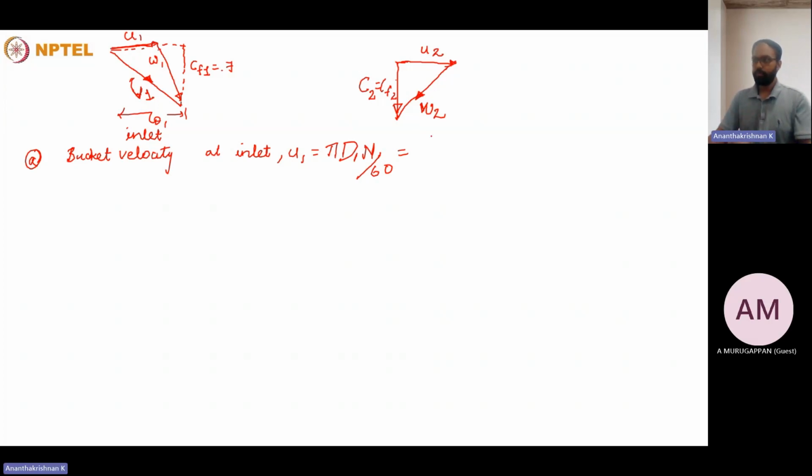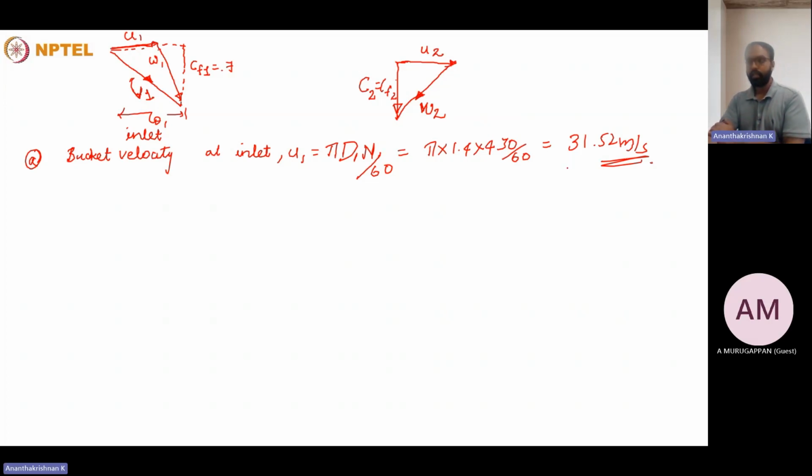In this particular problem, the diameter at the inlet is given as 1.4 meters, and the RPM is given as 430. So it will be pi into 1.4 into 430 divided by 60, which gets around 31.52 meter per second.